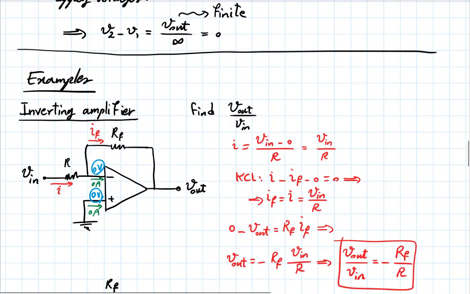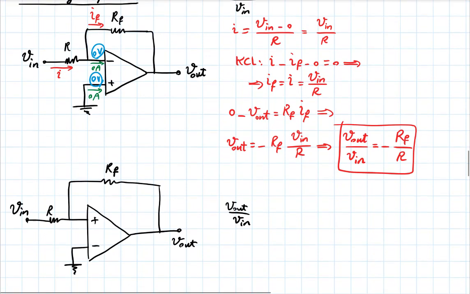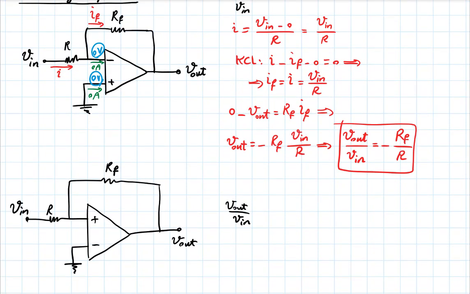Is this doing exactly the same thing as the previous circuit or something different? I've kept everything the same except that I have flipped the two inputs. I put the positive one at the top, negative one at the bottom.